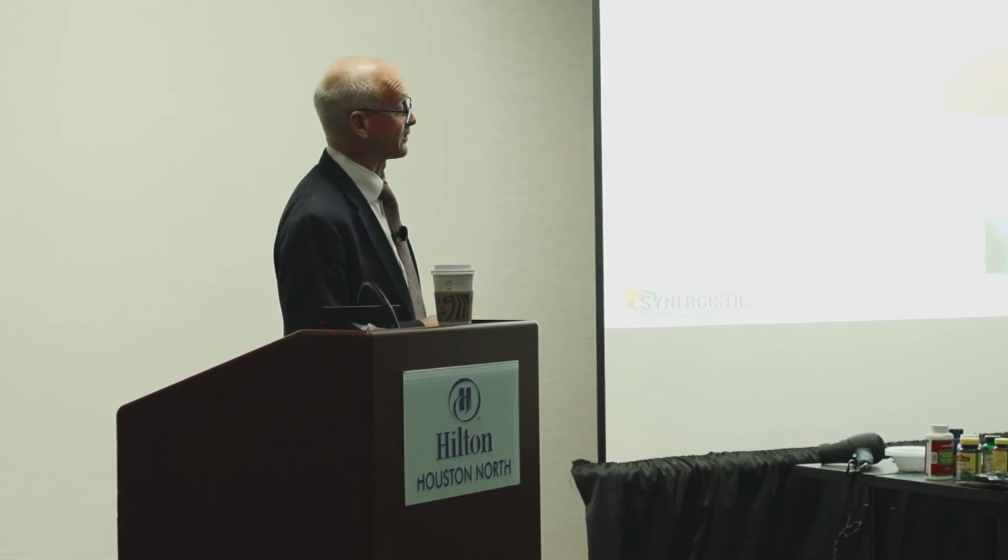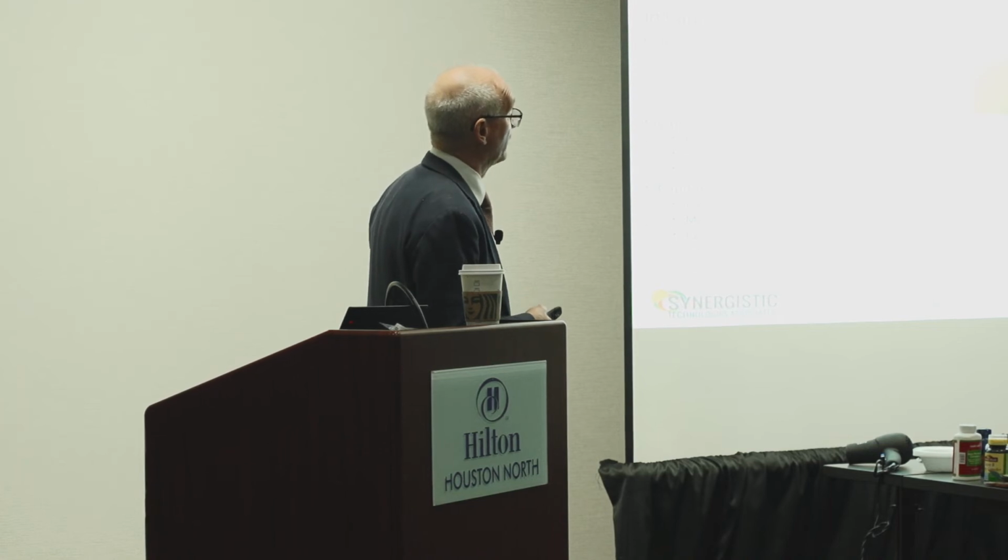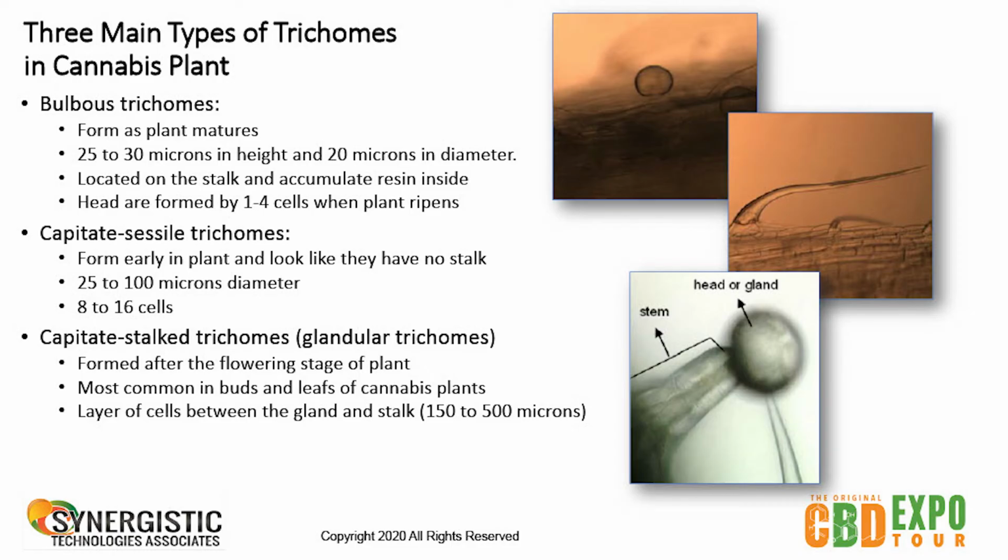So this is where the material actually is, and some of the talks that you see here at the conference speak to the biosynthesis of the cannabinoids, for example, and the terpenes. If you look at these three different ones, you have the bulbous trichomes, the capitate sessile trichomes, and the capitate stalk trichomes. Those are the ones that you typically see in all the beautiful photos.